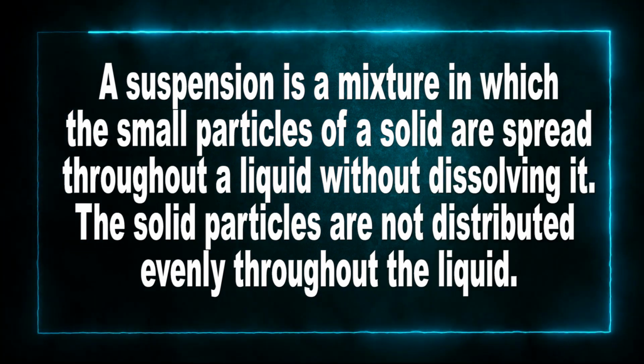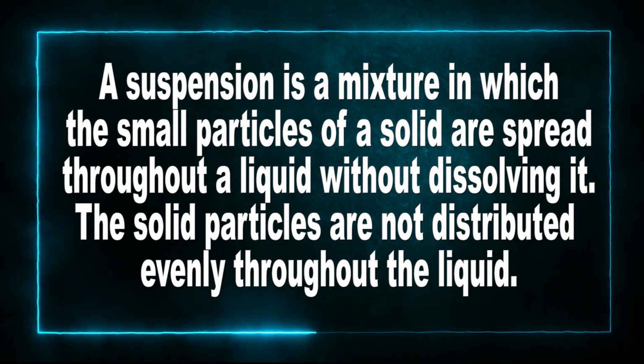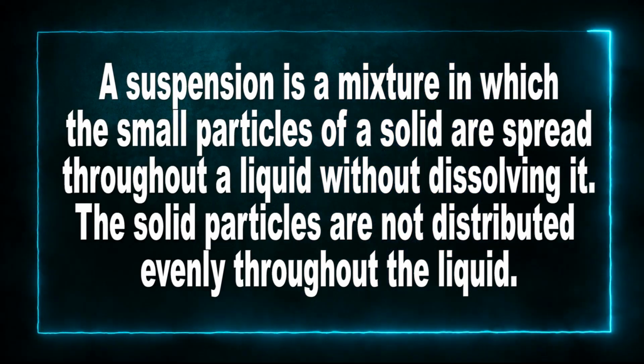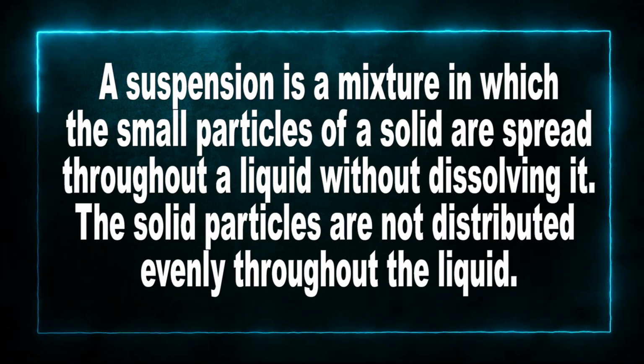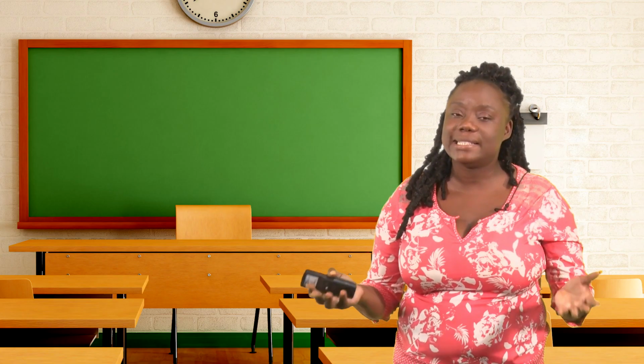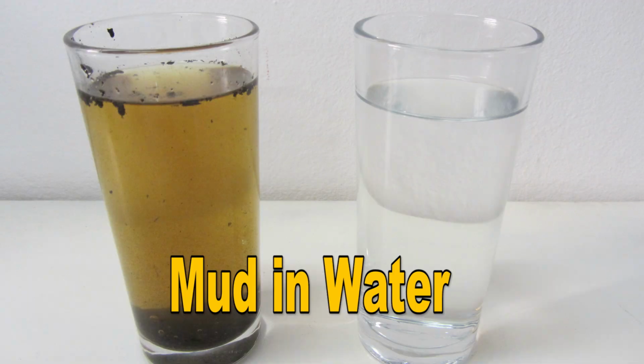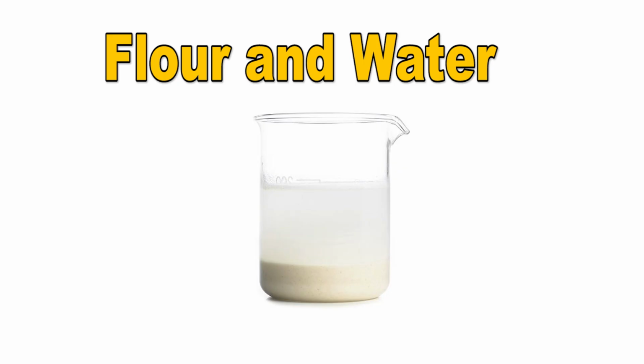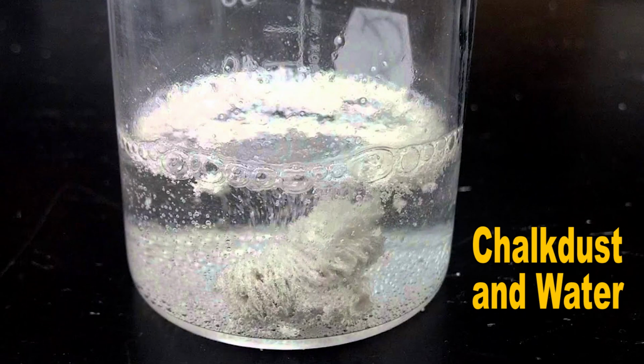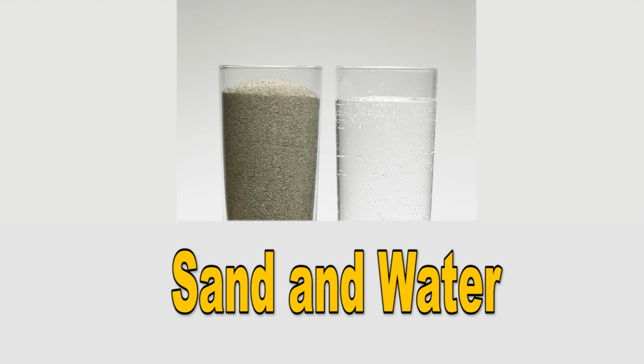The solid particles in a suspension are not distributed evenly throughout the liquid. Let's examine some examples of suspensions. Mud in water, flour and water, chalk dust and water, sand and water.